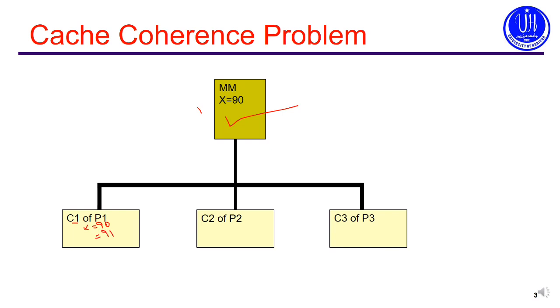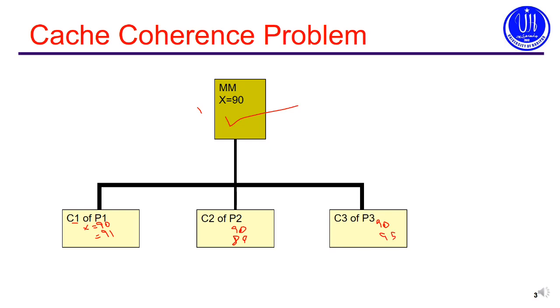Here is another processor, it copies the value 90. Suppose there is a decrement operator and it decrements the value to 89. Here is another processor, for example, it takes the value 90 from the main memory and increments the value by 5 to 95.